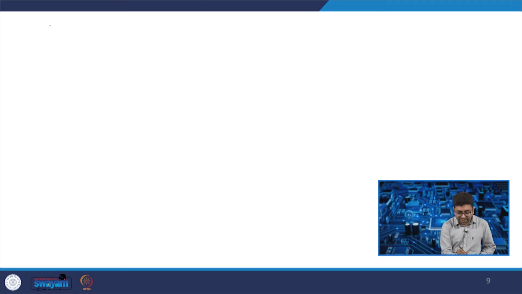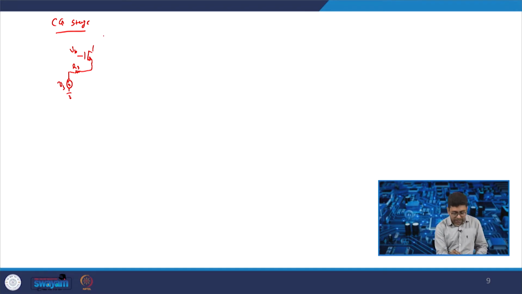So for the common gate, this is a VB, and we will have an RS source resistance, Vs, and there is an RD, this is a VDD.